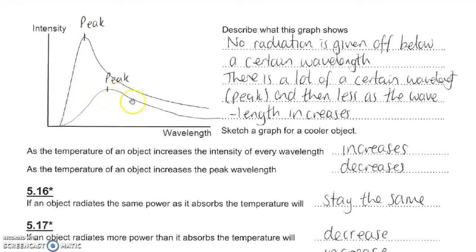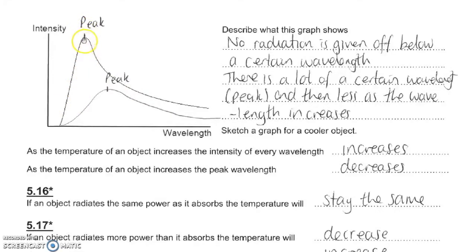At a lower temperature, if we compare the amount of wavelengths, we do have a huge range of wavelengths, but at a higher temperature, the intensity of those wavelengths increases. We still start off with this wavelength for the higher temperature, and we still go to this wavelength here, but there's just more of them at the higher temperature.